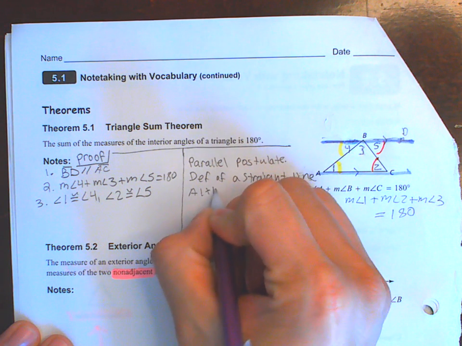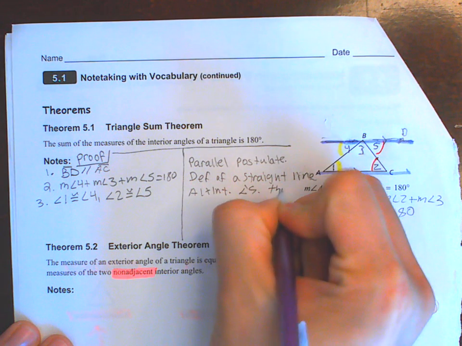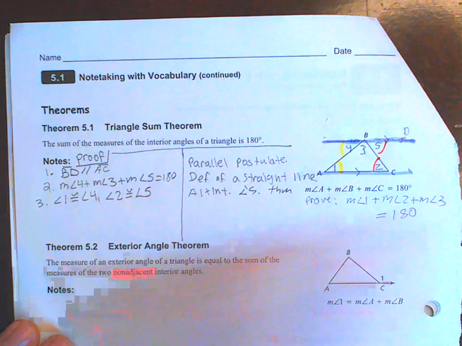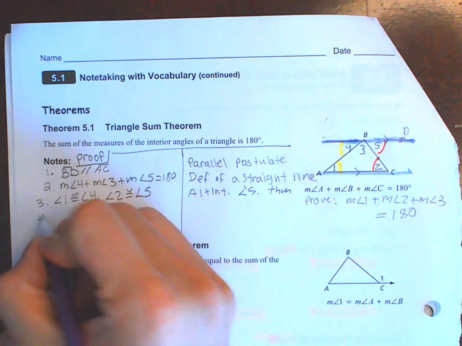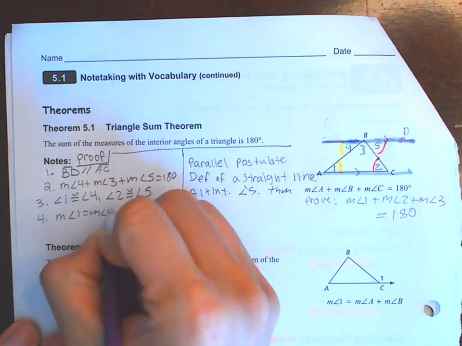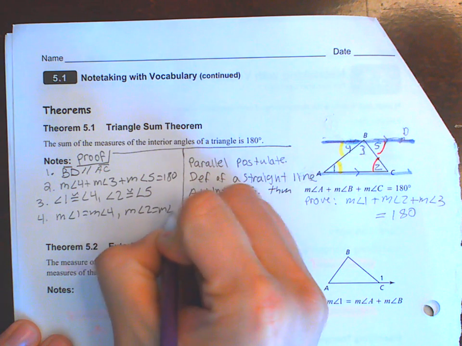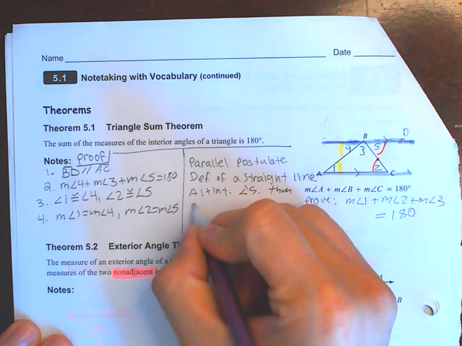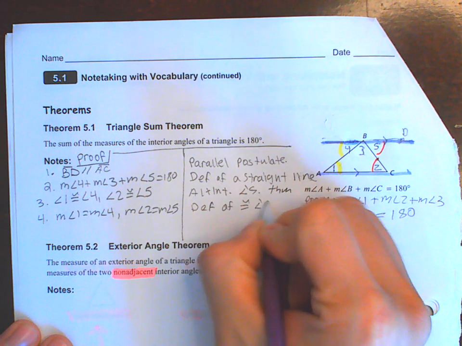So the alternate interior angles theorem states that these are going to be congruent. Because they are congruent, their measurements are going to be the same. So the measure of angle 1 equals the measure of angle 4. The measure of angle 2 equals the measure of angle 5. And this is simply because of the definition of congruent angles.